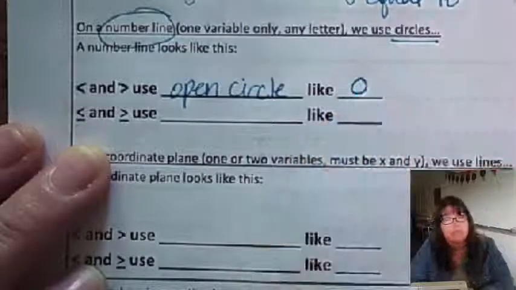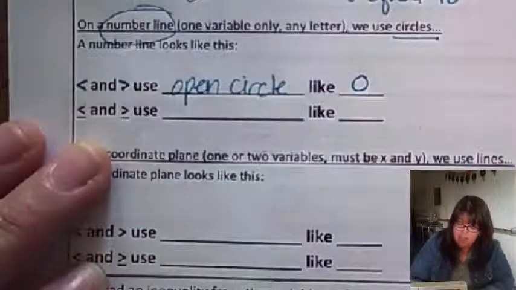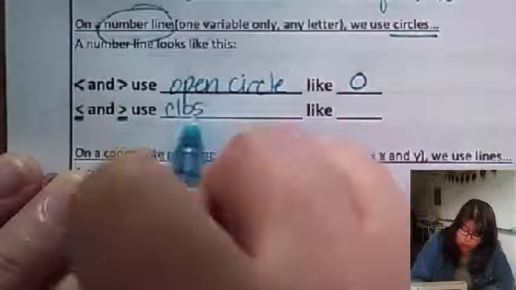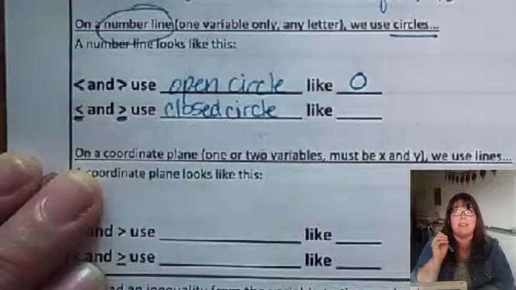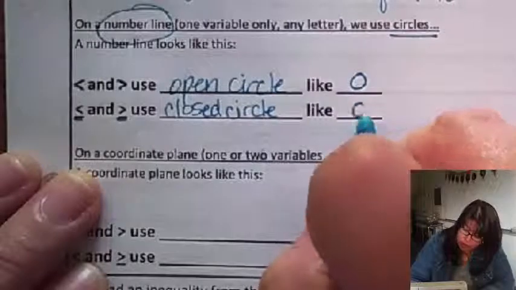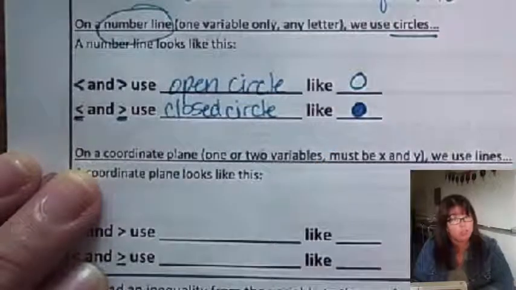Little open circle. If it has the equal sign in there, then we are going to use a closed circle, and you can think of this as kind of shading in that number because it might be equal to that number. So we have a circle, and we're going to shade it in, which creates a closed circle like that.